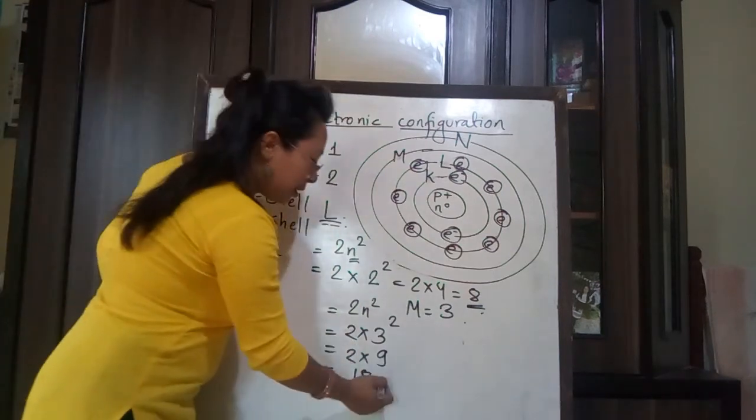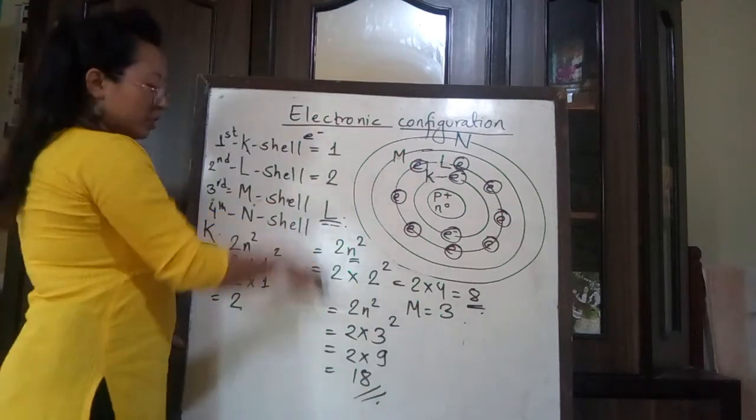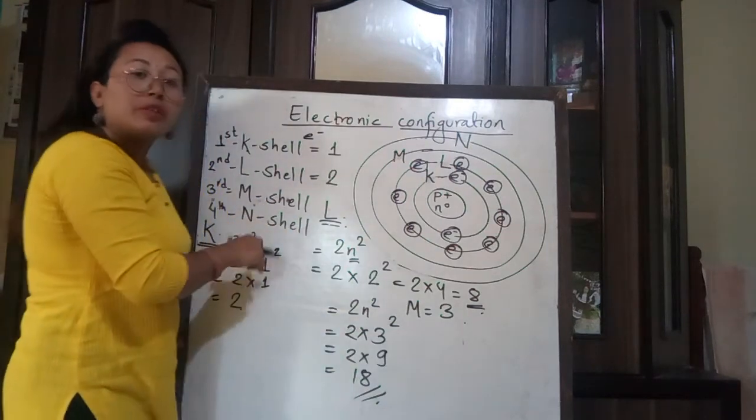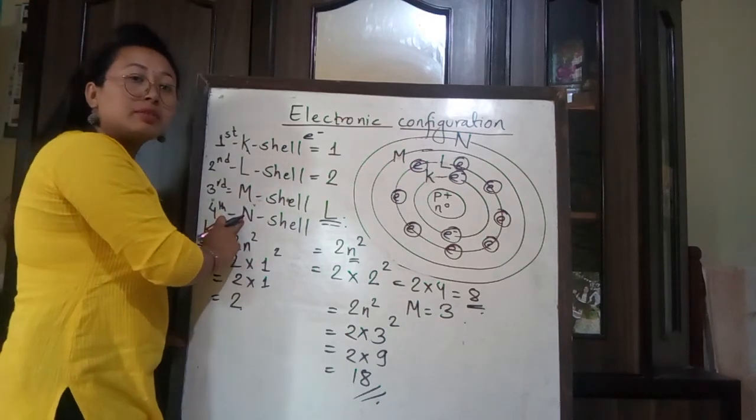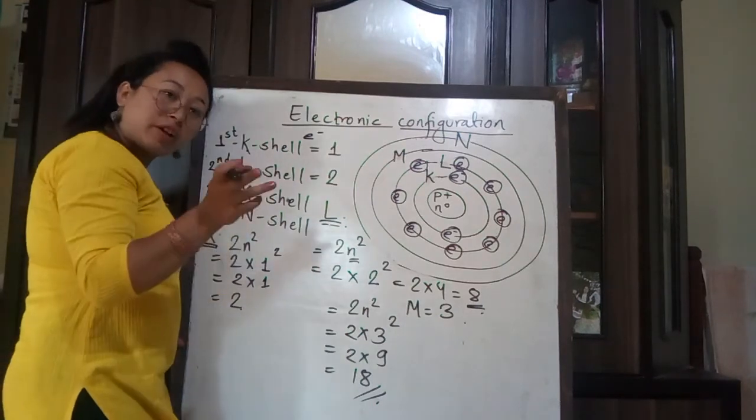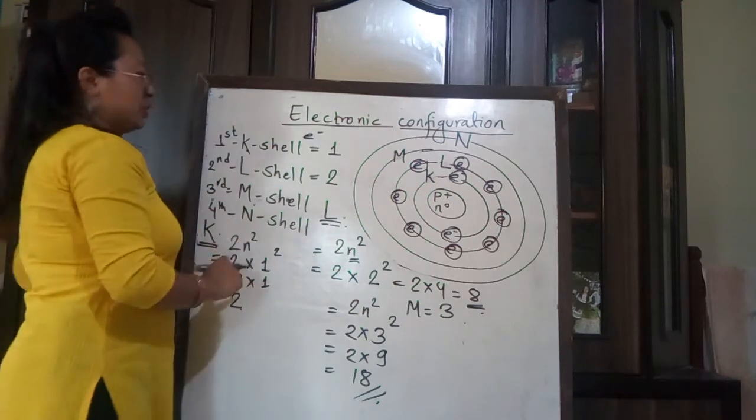So the M cell can hold 18 electrons, and so on for the N cell. Find out? You can find out obviously now.